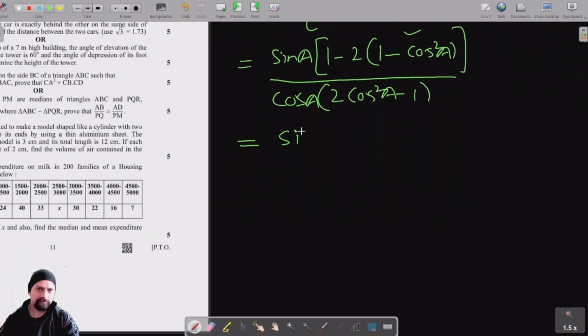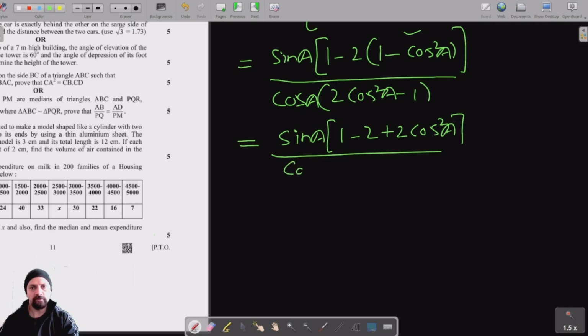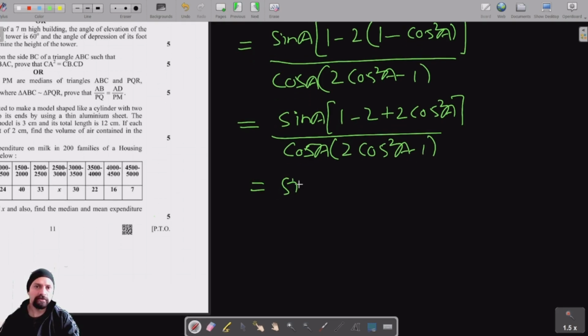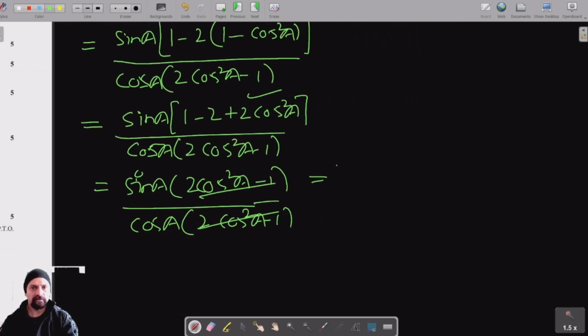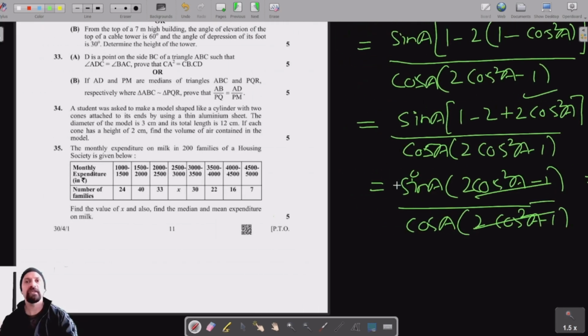So this is sin A times (1 minus 2 plus 2 cos square A) upon cos A times (2 cos square A minus 1). Now this can be written as: 1 minus 2 is negative 1, plus 2 cos square A, upon cos A into (2 cos square A minus 1). So this gets cancelled, and sin by cos is tan A, which is equal to RHS.